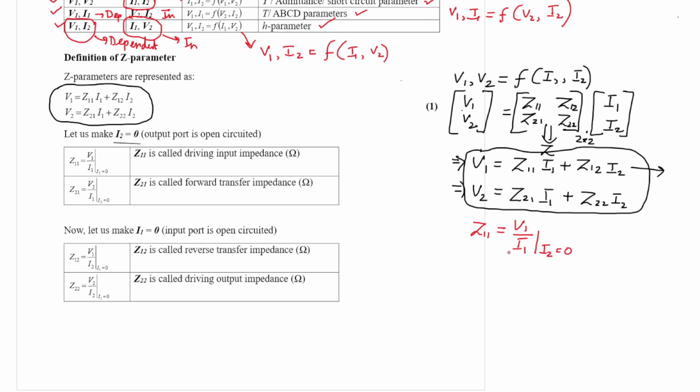Now V1 by I1 is equal to Z11 only when I2 is equal to 0. And similarly Z21 is equal to V2 by I1.